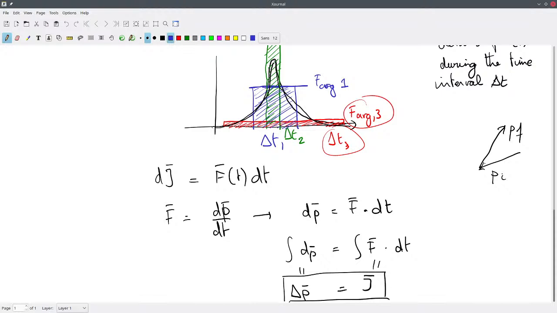And that impulse will of course point in this direction, such that J is P final minus P initial. Or in other words, P final is P initial plus the impulse. So the impulse changes the initial momentum to get the final momentum.